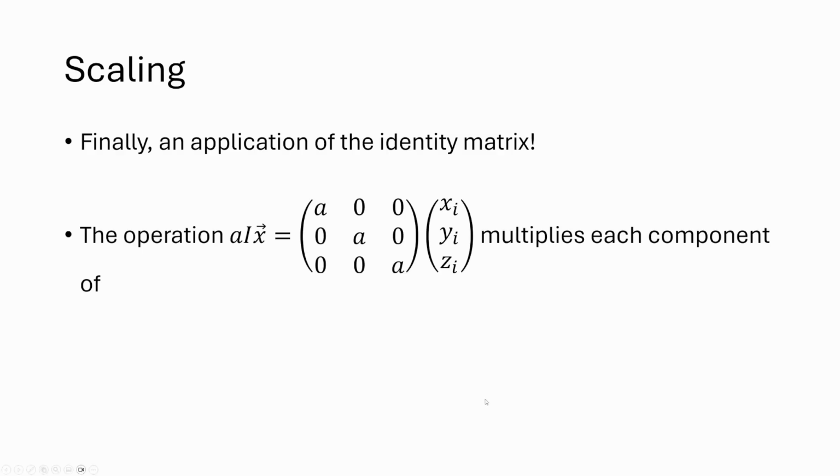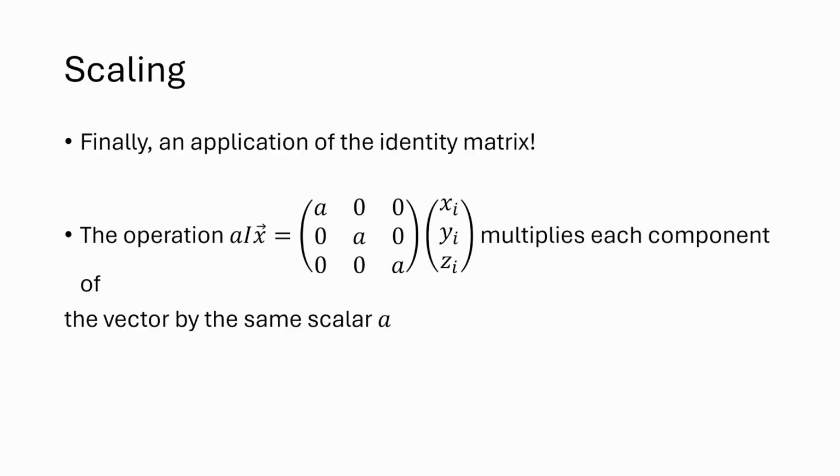So if we want to take a vector x, I'm going to do my examples in 3 dimensions for now, so x, y, z are its components. And we want to make all of those components larger by the same factor.